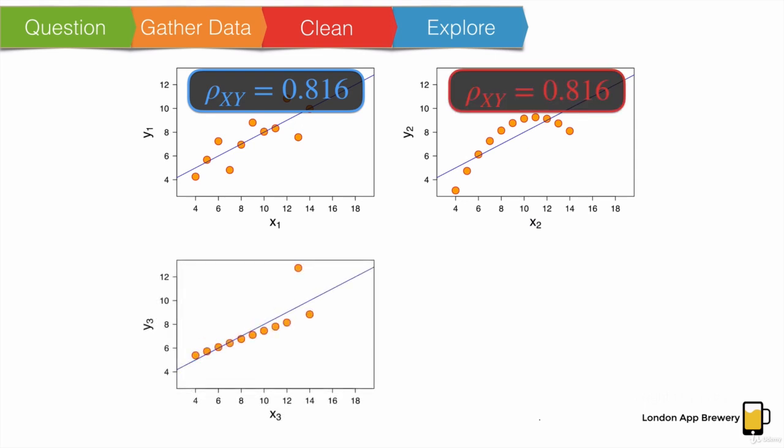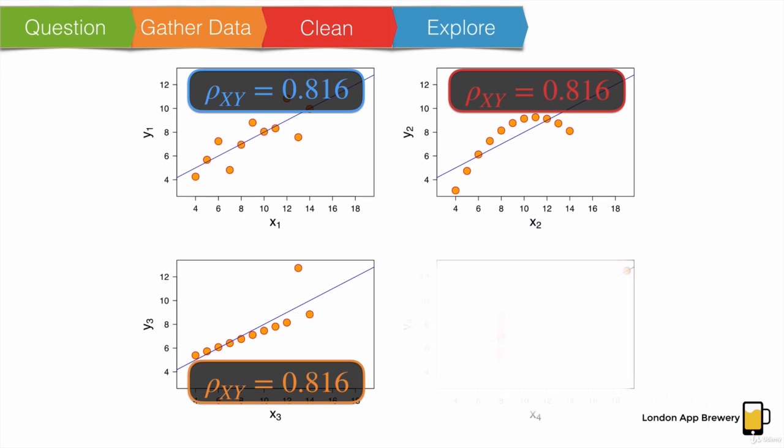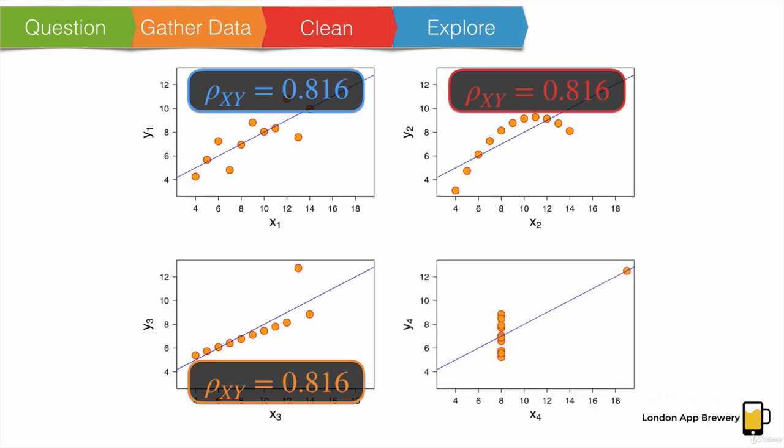And on this third chart here, you guessed it, the correlation is also 0.816. And the same goes for this fourth chart here. X4 and Y4 also have a correlation of 0.816.